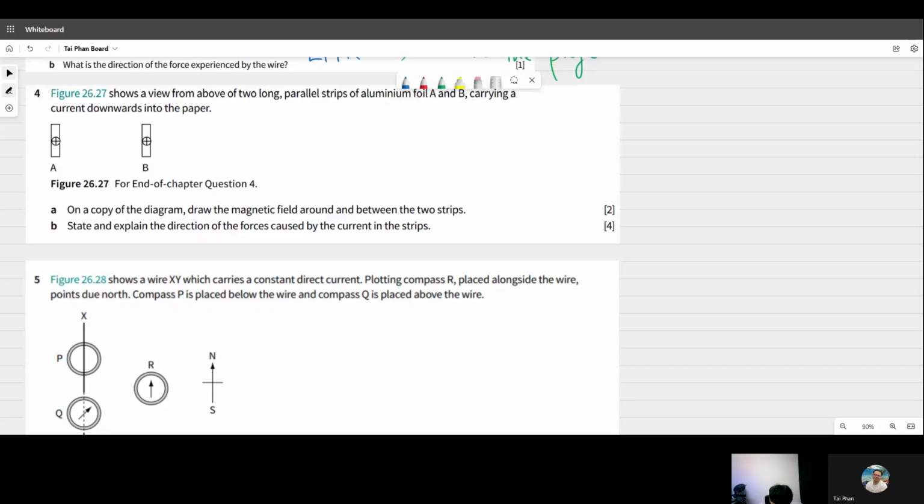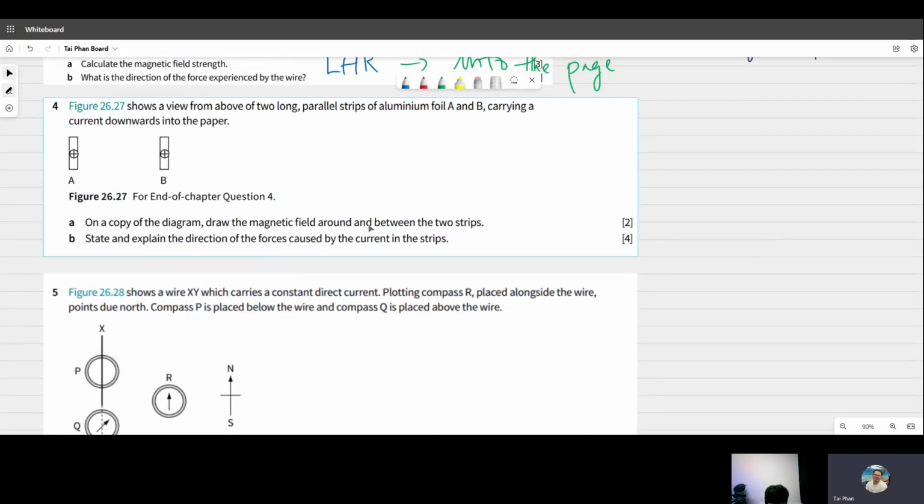For this question, do I take a photo and send it to you? Because I have to draw. Yeah, you should draw in your notebook, on a copy, which means you need to draw a new one yourself, not on the given diagram.